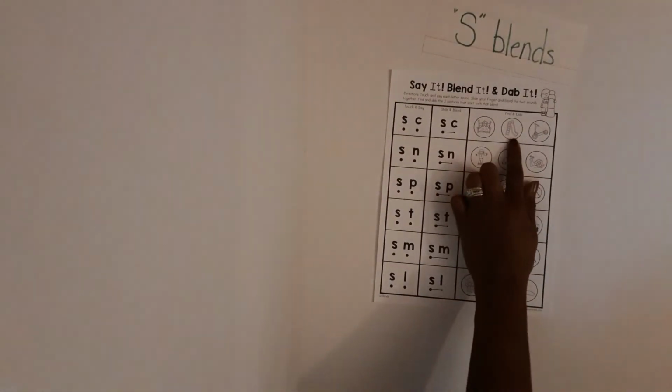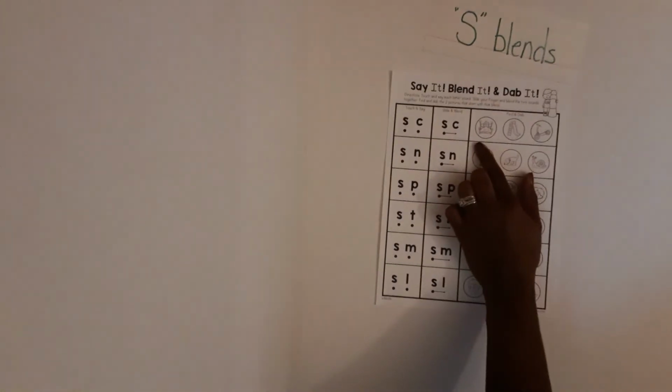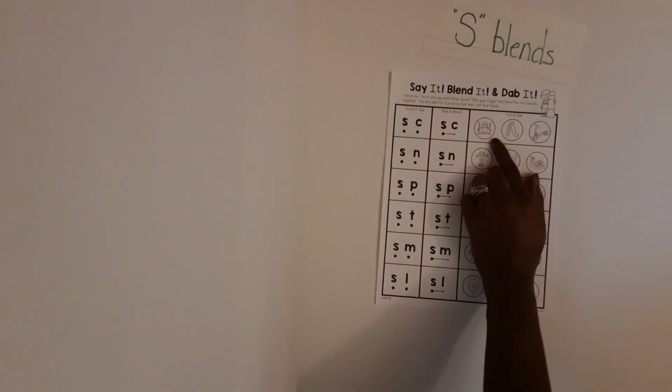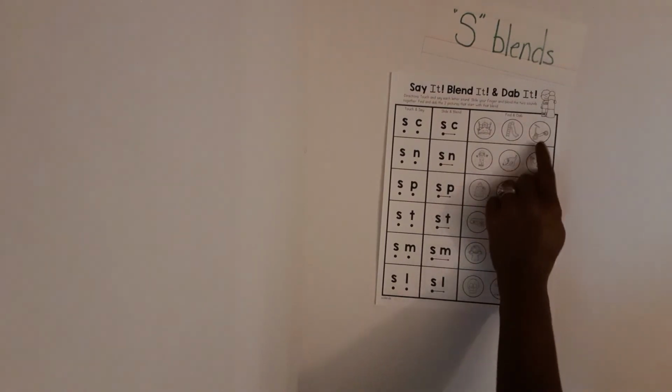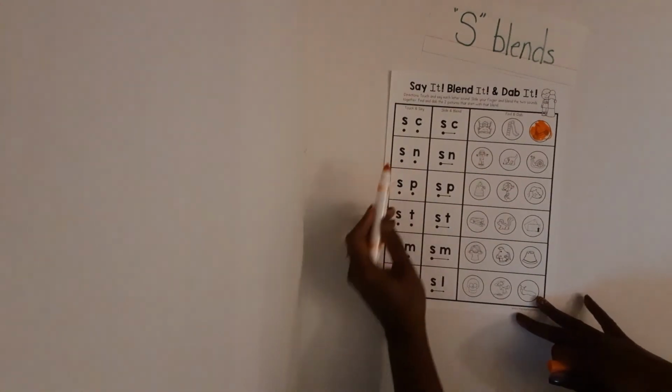So we have sleep, slide, and scooter. So SC says sk, and we know that sleep has SL, slide has SL, scooter has SC. So you would just take it and color in the circle. And then you do the same thing for SN, SP, ST, SM, and SL.